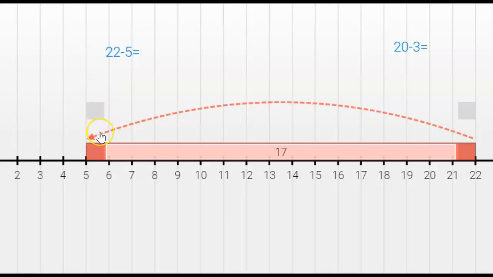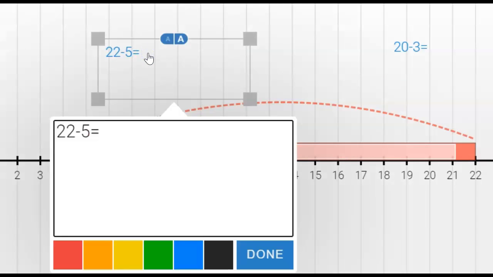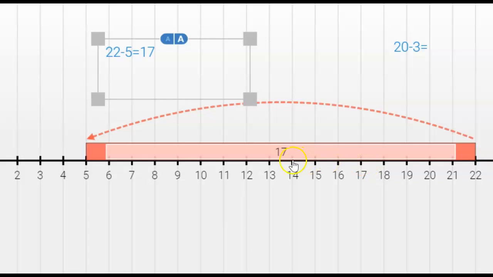If you're looking at the difference between 22 and 5, or the space between those numbers, it's a space of 17, which is why 22 minus 5 is 17. And you can see that here too, that this bar represents the distance between 22 and 5, and it is 17 jumps. If you counted all these little steps, there would be 17 steps.